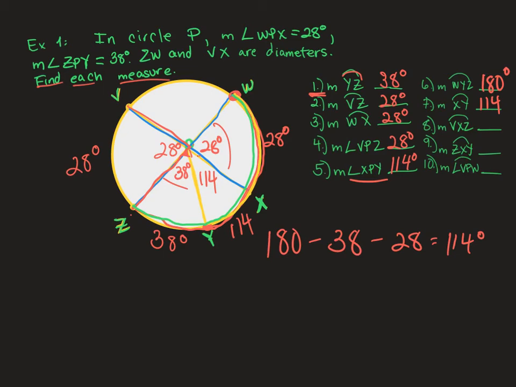And to Z, all we need to do is add the two. So 180 plus 114 plus 38 is going to give us 332 degrees.